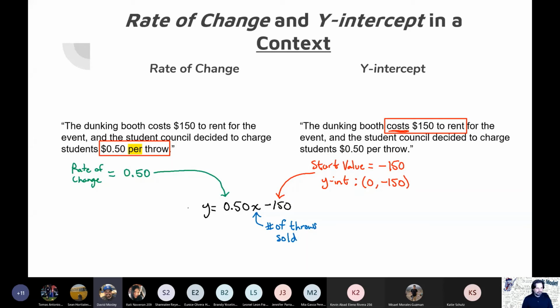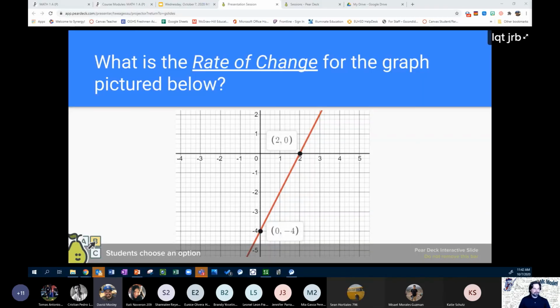And y will be the profit. So based on this context, this is our rule, and this is what it means. Okay. All right. So let's see.